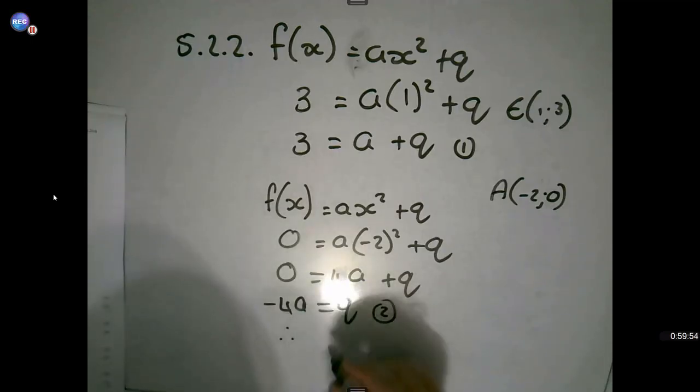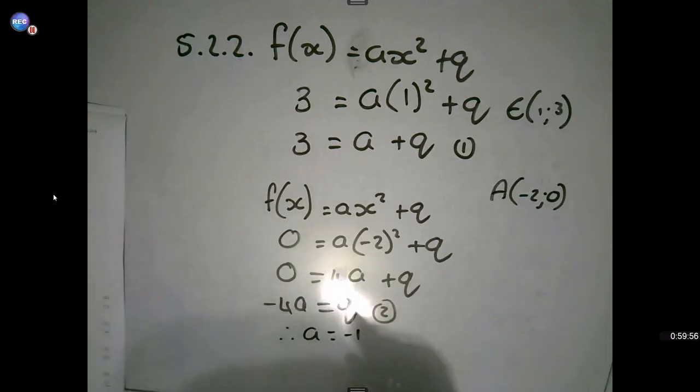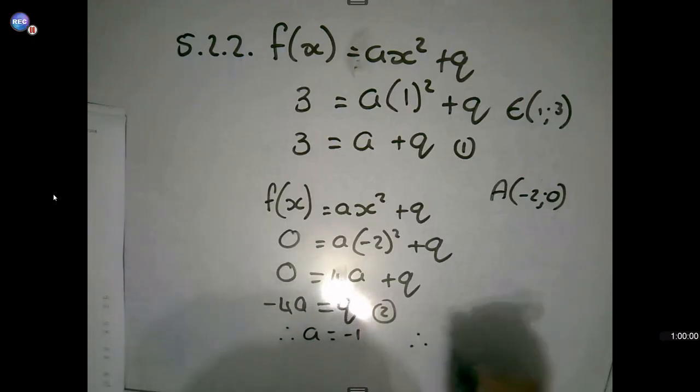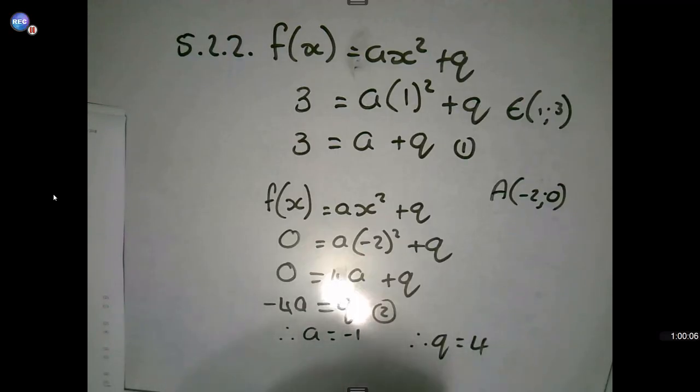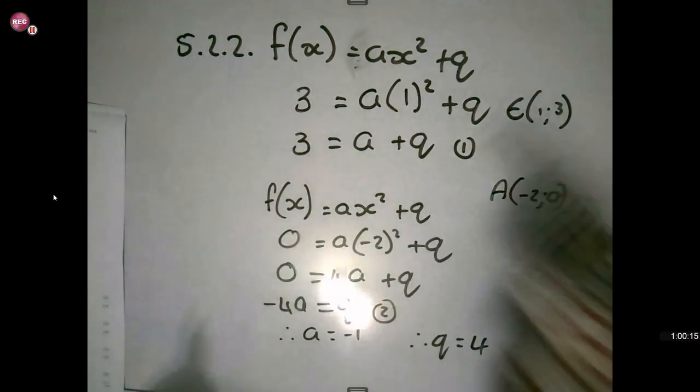So therefore a is equal to negative 1. And if you substitute the negative 1 into a, you'll therefore get that q is equal to positive 4. And then you solve both of the values, a, which is negative 1, and q, which is 4 in this case. Okay, let's move on.